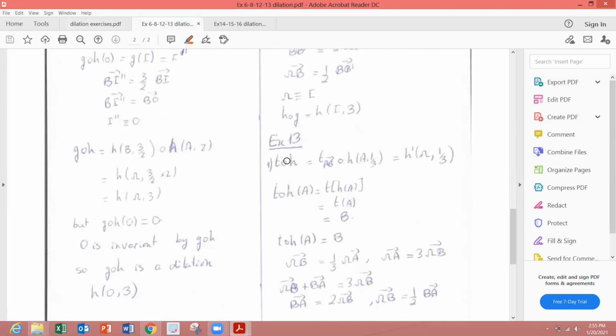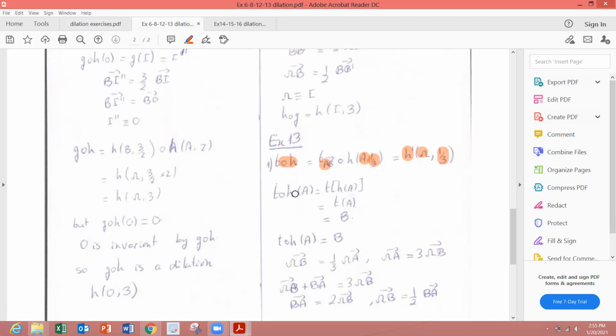So T round H is the translation with vector AB round the dilation of center A and ratio 1/3. So we get a dilation of center omega and ratio 1/3. To know the place of omega, I take a counter example.